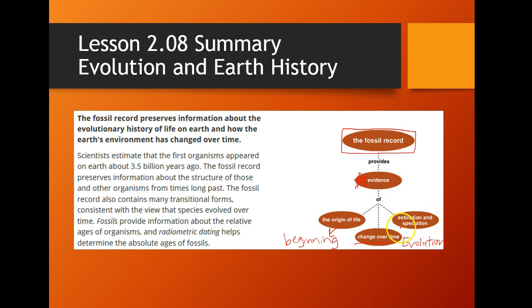And it also provides evidence of when animals go extinct or completely die off, and speciation, when new species are formed. Again, fossil records are really important because they paint a picture of what the Earth looked like before we were here.